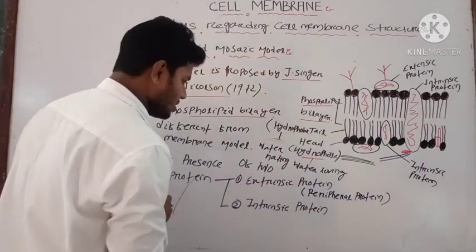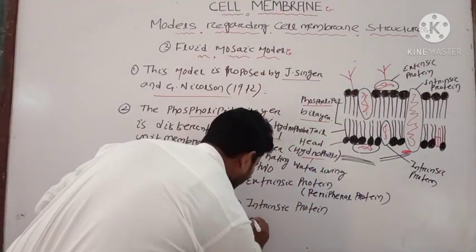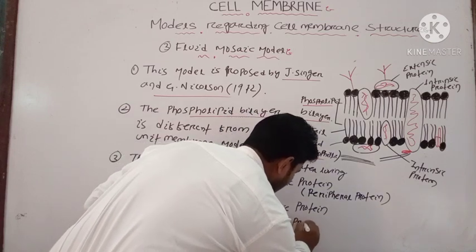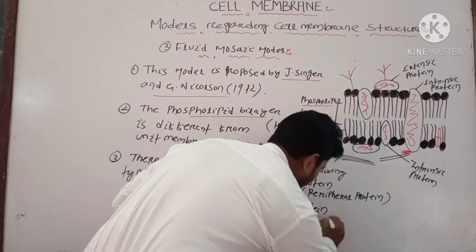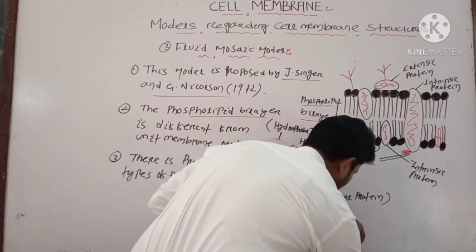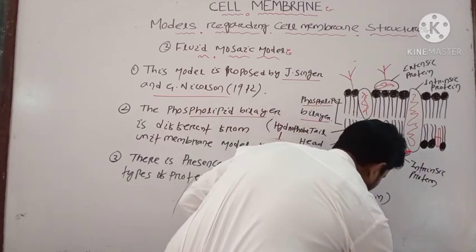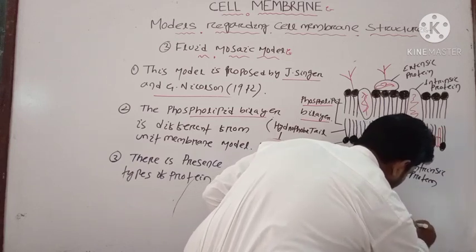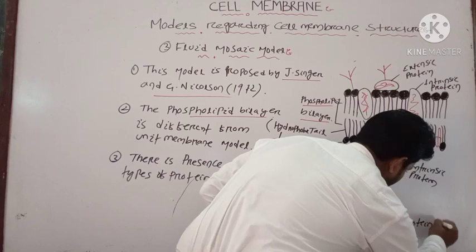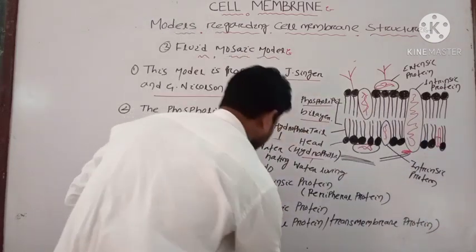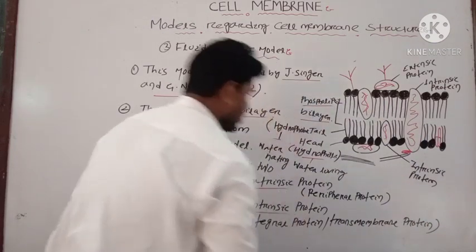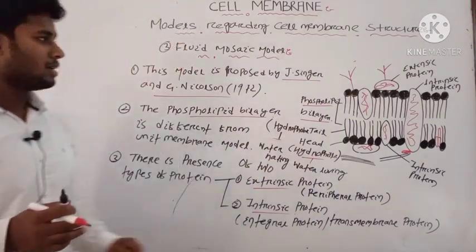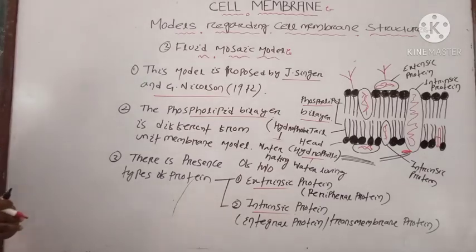Intrinsic protein is also known as your integral protein, or we call it as transmembrane protein. Extrinsic and intrinsic. Note down these points, then we will discuss some more points about the fluid mosaic model.